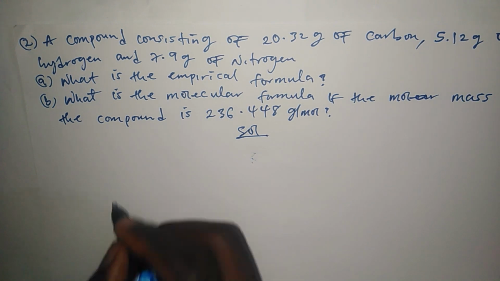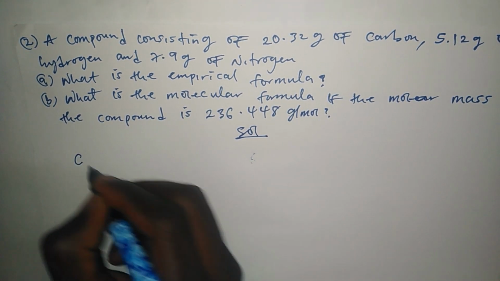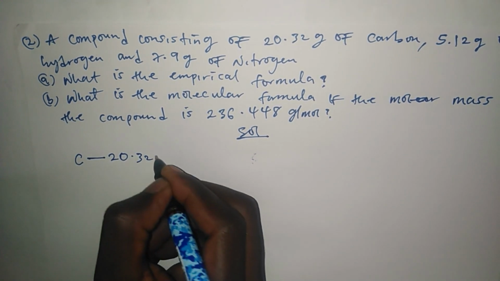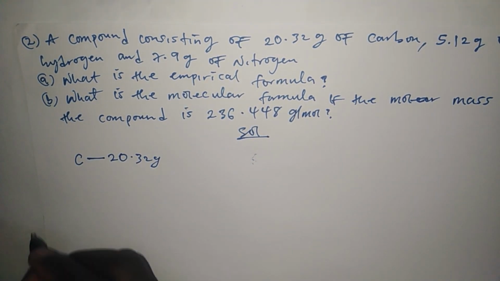So we say carbon has 20.32 grams, that is the mass.